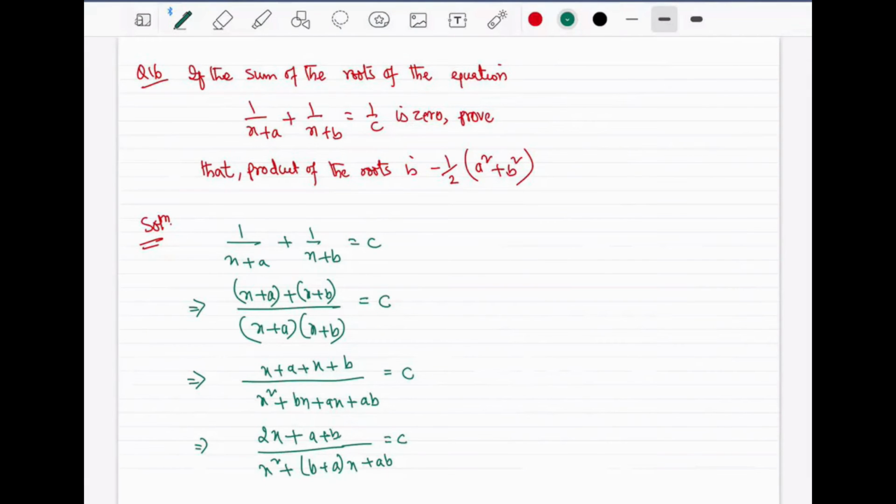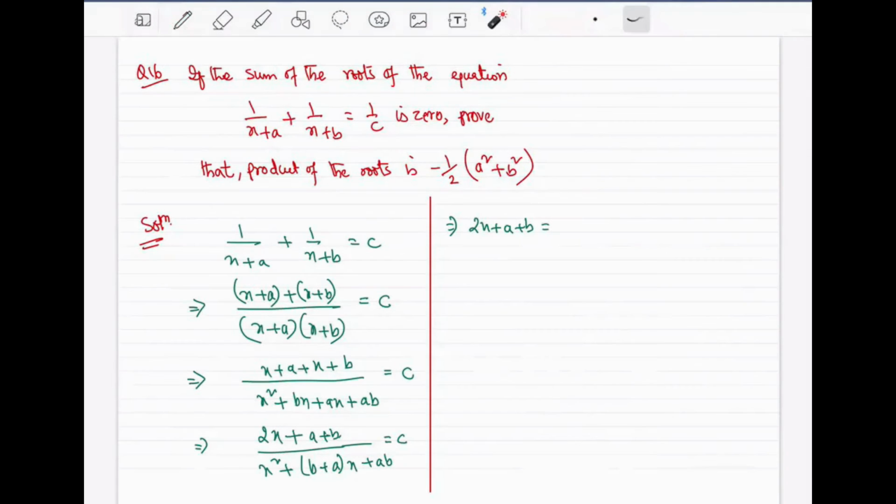We still haven't got ax squared plus bx plus c, that form of equation. Cross multiplication, there is a one denominator, right? So multiply this and this. So left hand side, 2x plus a plus b, it still remains.